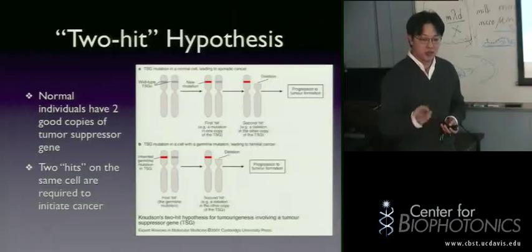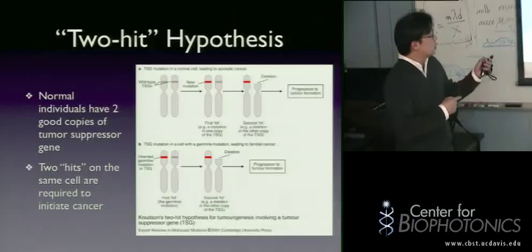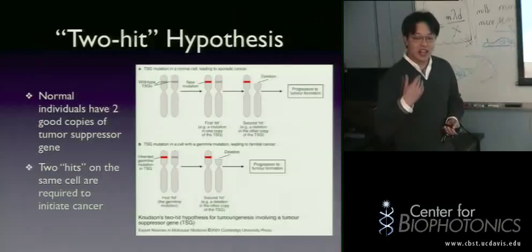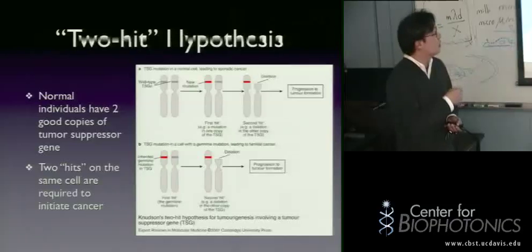So you might be able to survive with one partially functioning gene and one not functioning gene. In order to really have cancer, you'd have to knock out both copies of the RAS gene. This is a hypothesis that came out of early studies trying to characterize cancer.